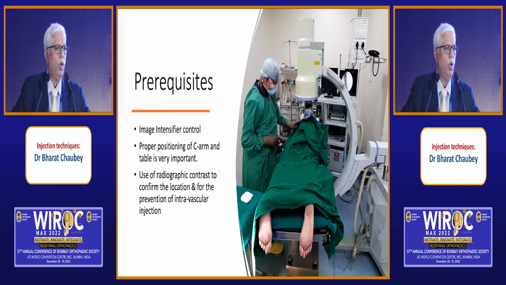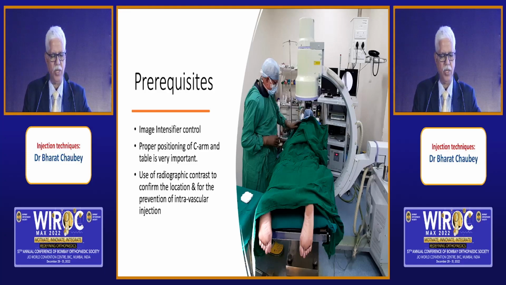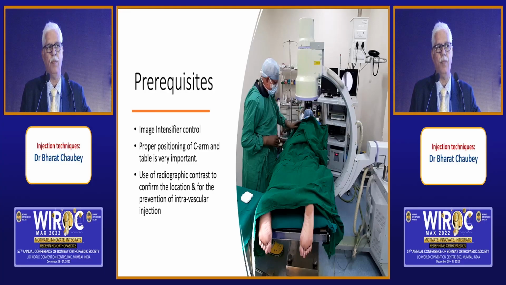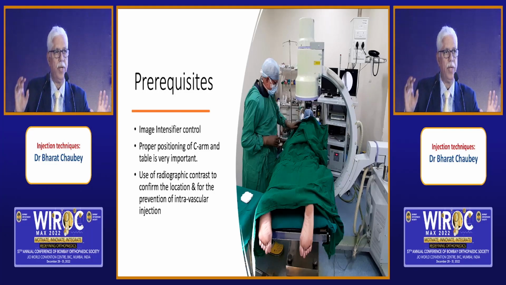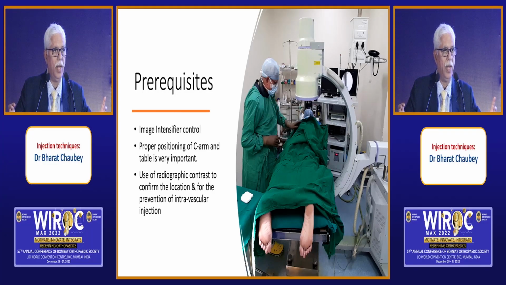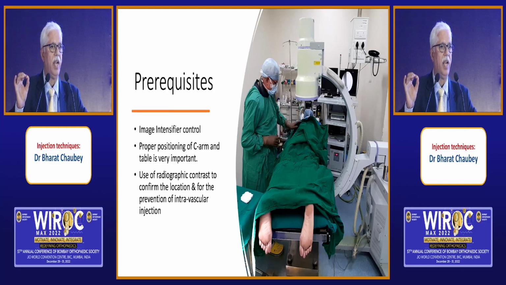We all know that there are certain prerequisites for these procedures. So we all know that the C-arm is a must, proper positioning of the C-arm, and proper tilting of the table as and when it is required is of very, very paramount importance to make you accurate so that you can reach the target precisely.